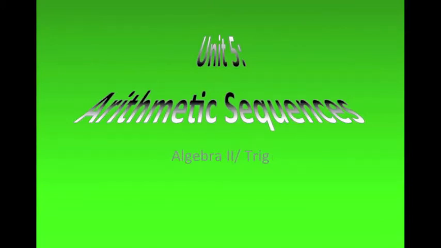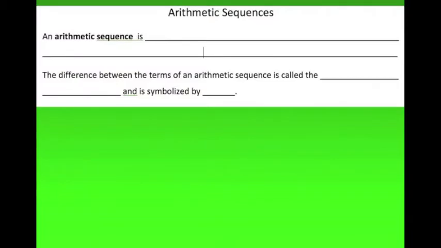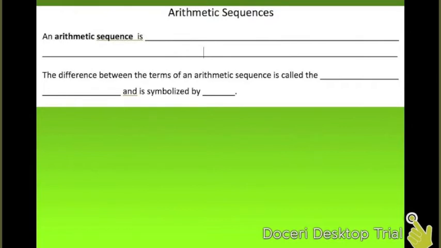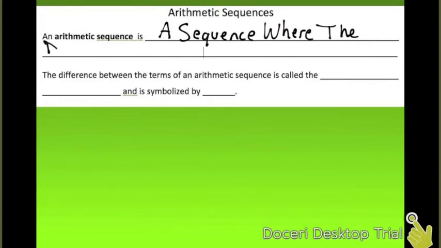Hello. So we're going to be going through the next section of Unit 5, which is arithmetic sequences. An arithmetic sequence is a sequence where the difference, and that's subtraction, remember, between terms is always the same.